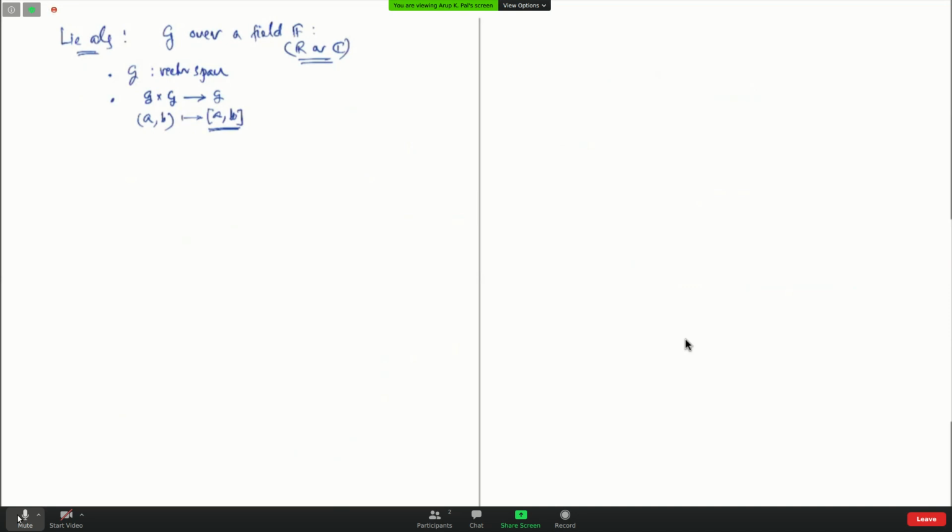So it has to be a vector space. It has to have a product such that the following two conditions are satisfied. What are the two conditions? One is that it's not commutative, but it's anti-commutative, right? The product of AB plus the product of BA is 0.